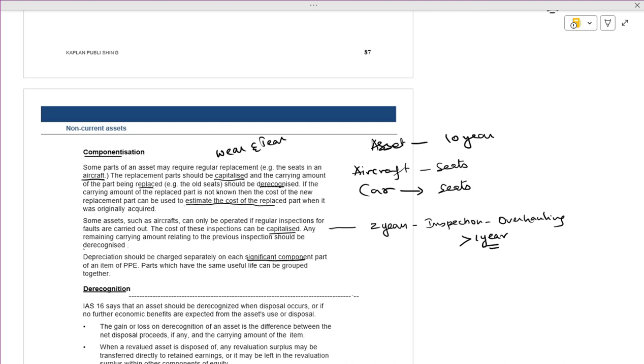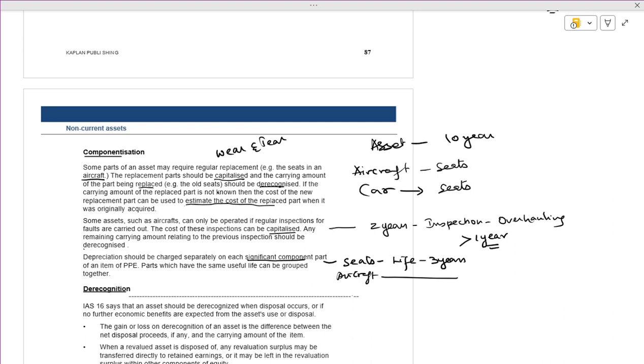Whatever the additional amount has been. See, in this case, if you take into consideration the seats, the seats will have a life of how many years? 3 years. The aircraft will have a life in terms of miles, how many miles it is going to fly.